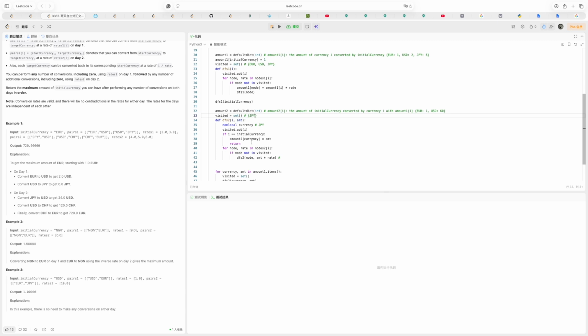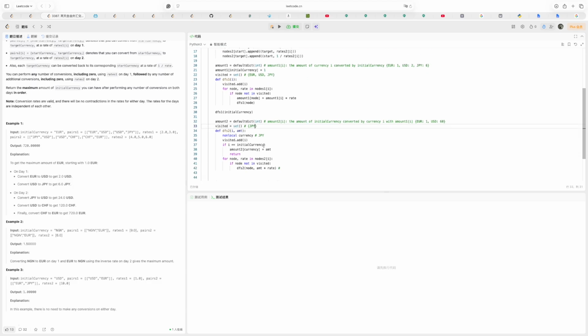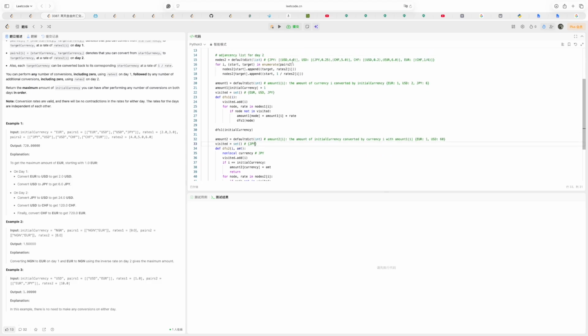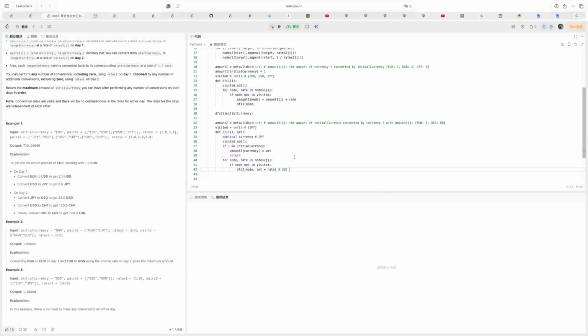It's not the initial currency, so JPY will have its node USD with rate 4. It is not in the visited set, so we will have JPY with 6. So amount times rate will be 6 multiplied by 4, which is 24.